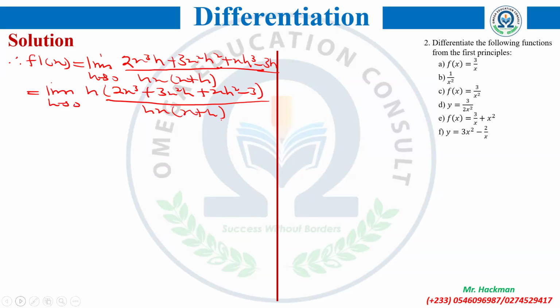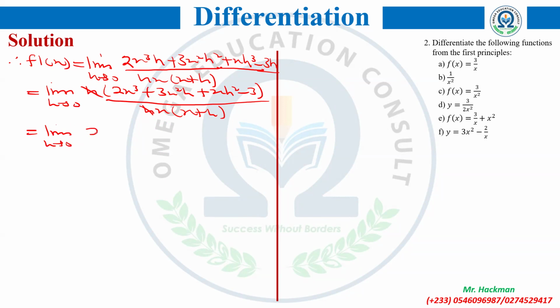Is that clear? I hope you are following me. Yes, please. The h now will cancel. It's the algebra, but don't be confused. Once you know how to expand and how to combine like terms, you shouldn't have any issues. So this will give us the limit as h approaches 0 of what?